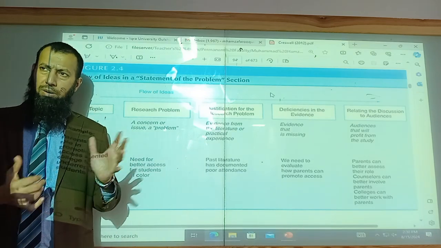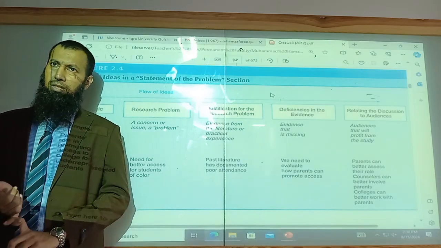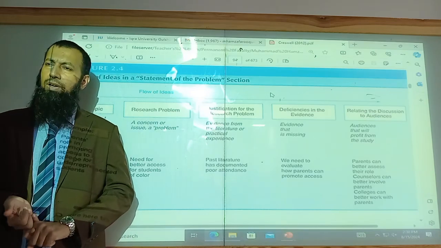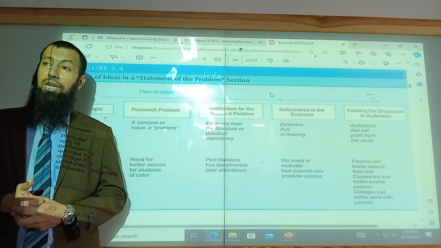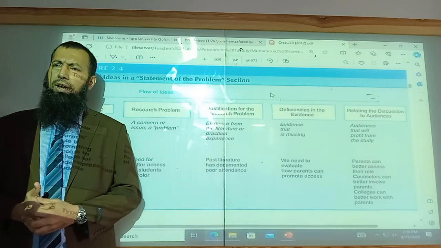So the problem statement basically elaborates the idea more with the proper citations, and it talks about the literature we have and we don't have, and it also tells about the significance of the topic. There are many ways to define the problem statement.